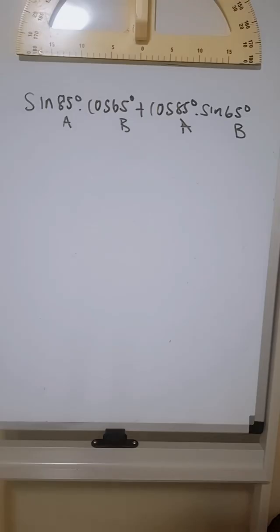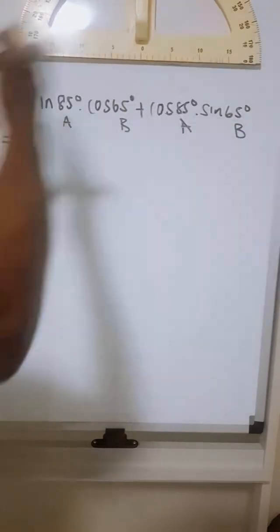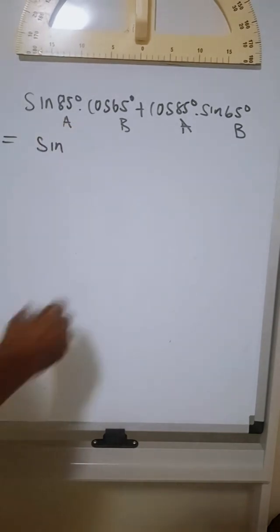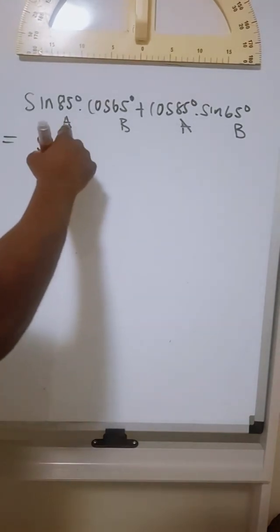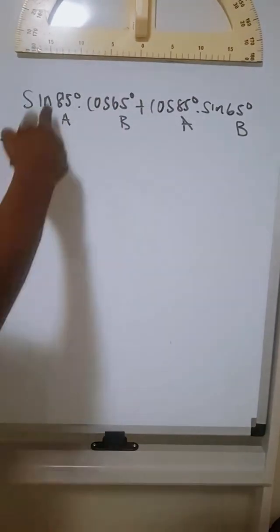So when this is expanded, what is the reduction? Sine of A plus B. Sine A cos B plus cos A sine B is the same as sine A plus B. So we are reducing.